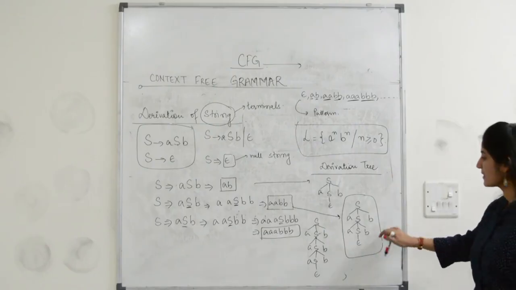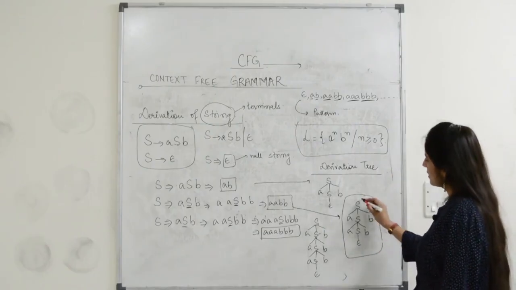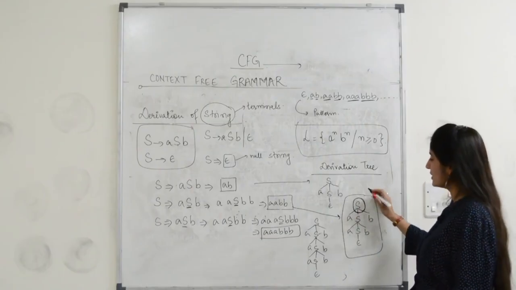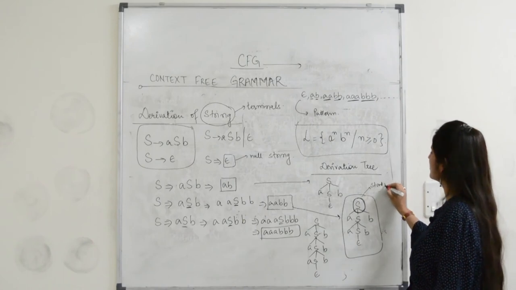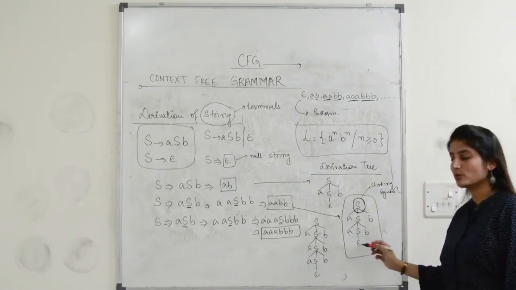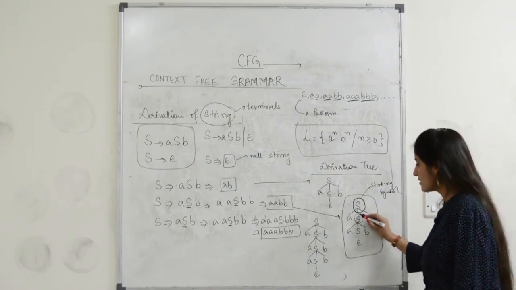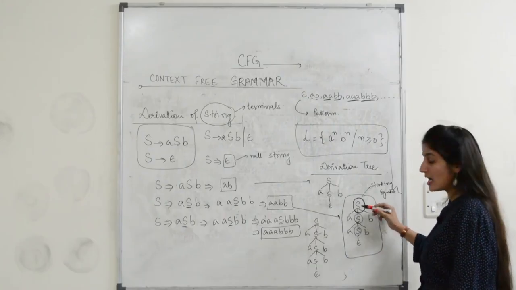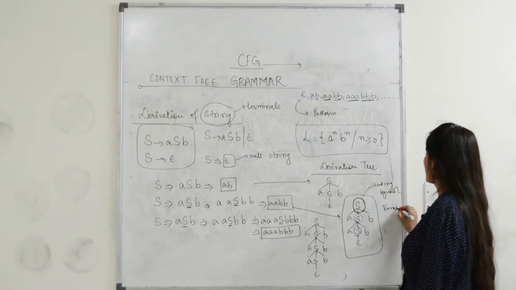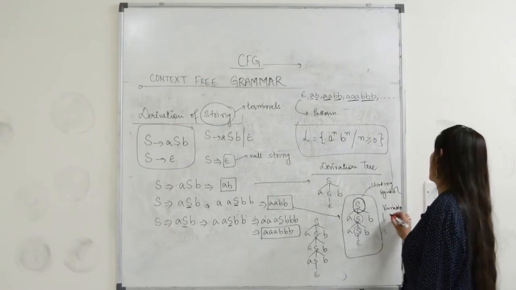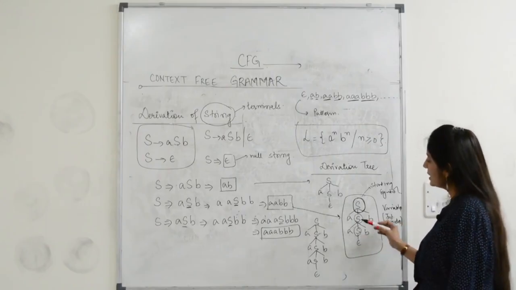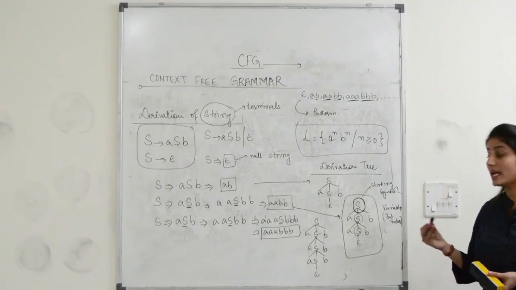This looks like a tree. We have noticed that the very first symbol in the tree, the topmost symbol, is your starting symbol. Coming to the other nodes, this is S, and all these S are internal nodes. So internal nodes will always be your variables, and internal nodes will always have an out degree.